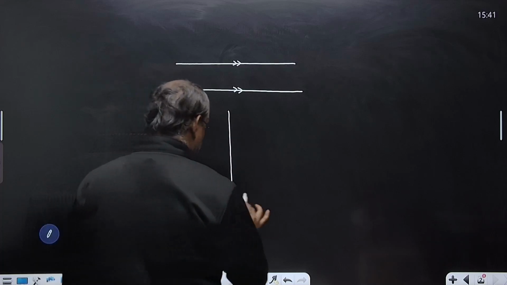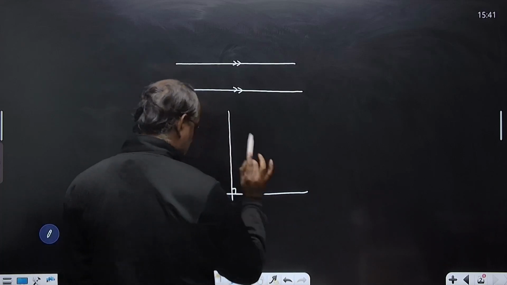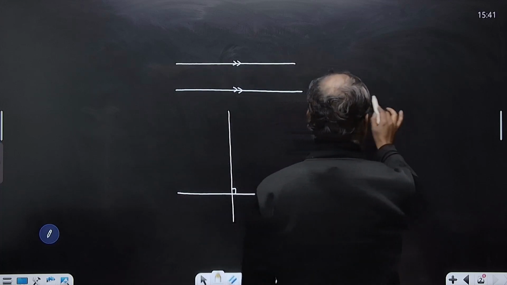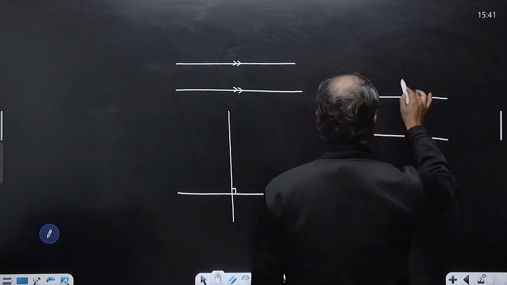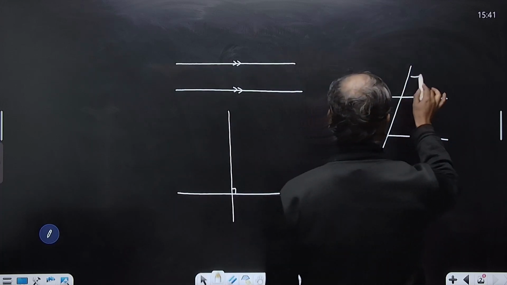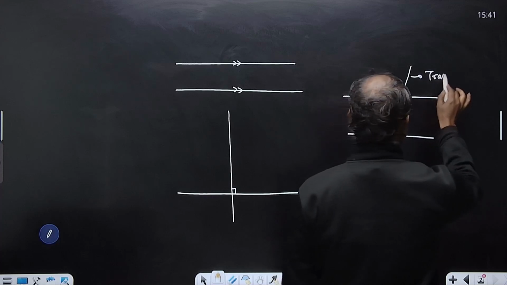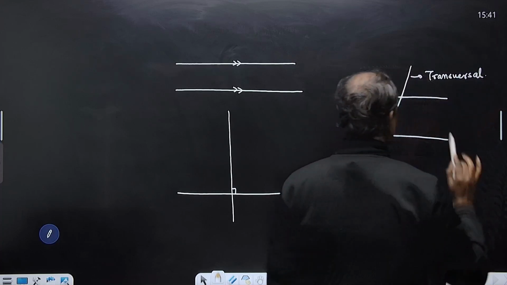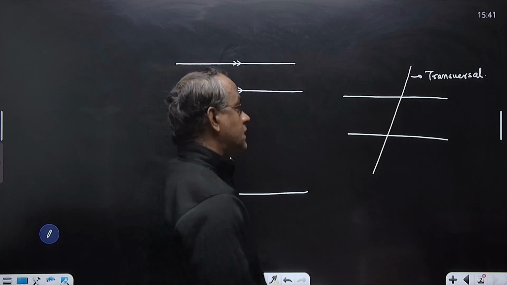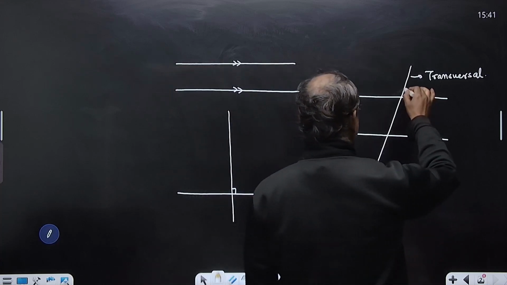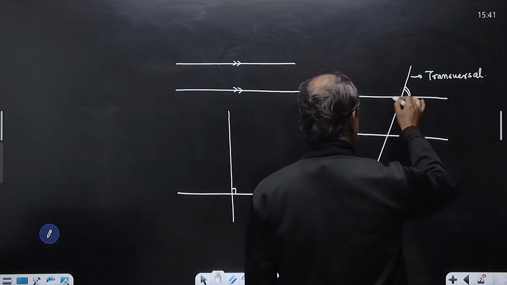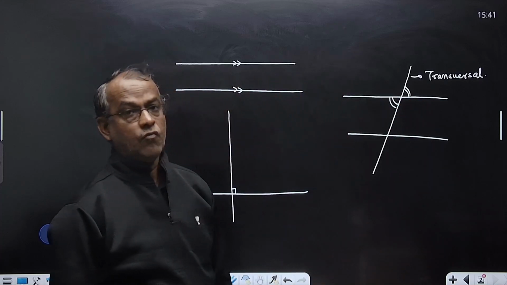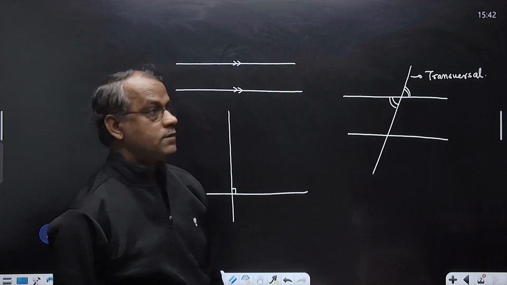Perpendicular lines: I hope you understand what it means, 90 degrees. This is called a transversal, a line intersecting other lines. These angles, you must be aware what they are. They are called vertically opposite angles.